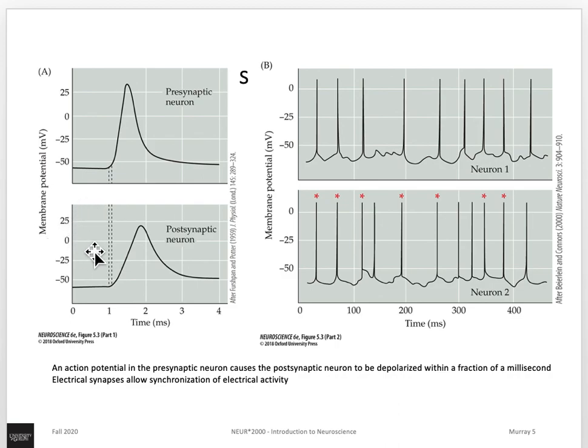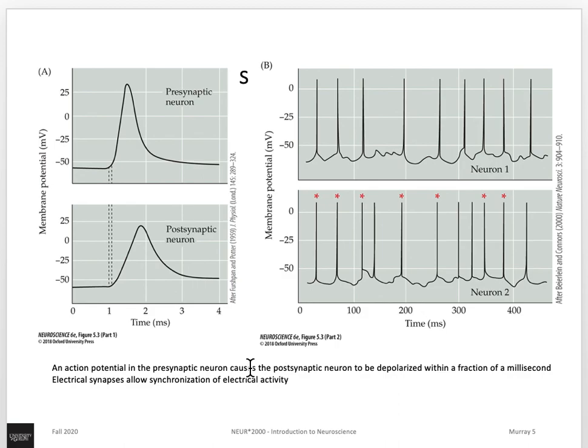As you can see, the postsynaptic neuron becomes depolarized within a fraction of a millisecond when you compare it to the depolarization of the presynaptic neuron. This is the very quick reflexive-like responding that allows for the fast escape from predators that the crayfish may encounter. In part B, we have a graph representing electrical synchronization between hippocampal interneurons.